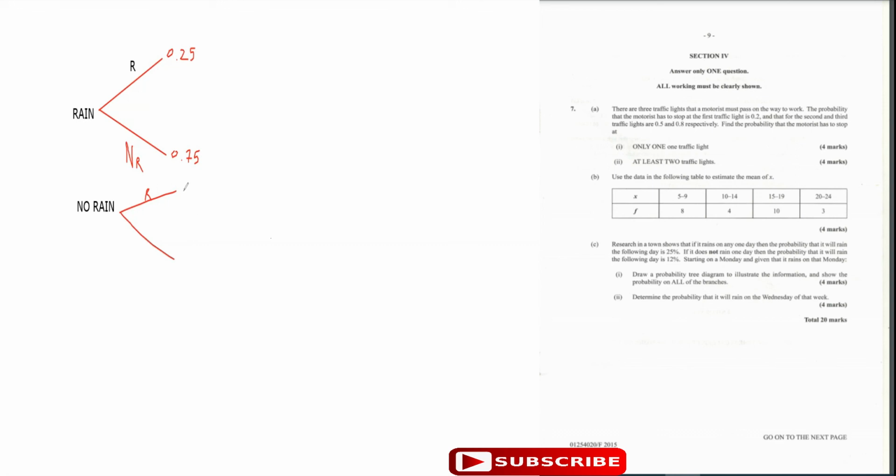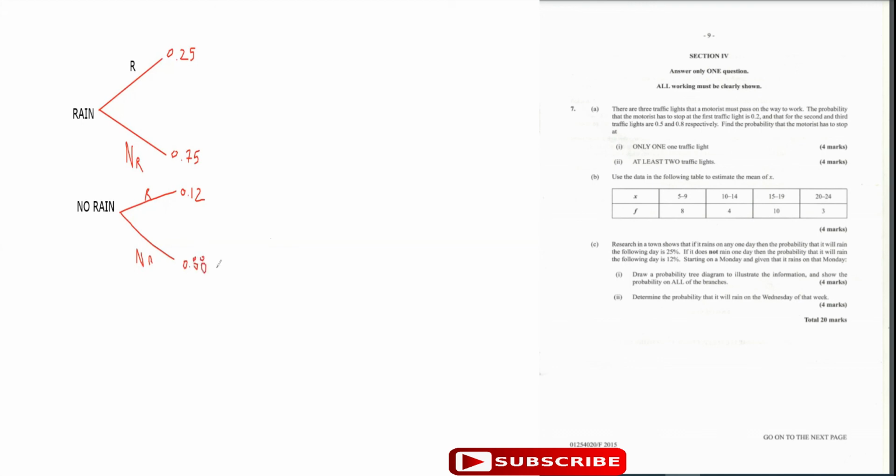If it does not rain, then the chances of it raining the next day is 0.12. And so if it doesn't rain, the chances of it not raining the next day is 0.88.